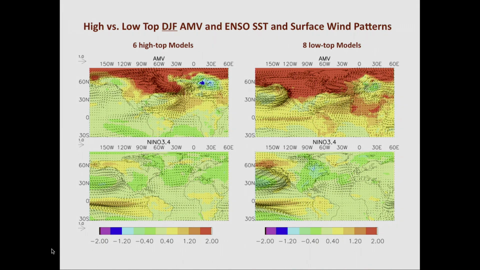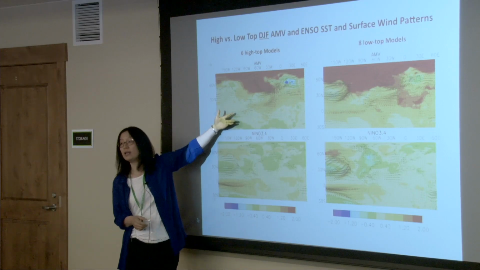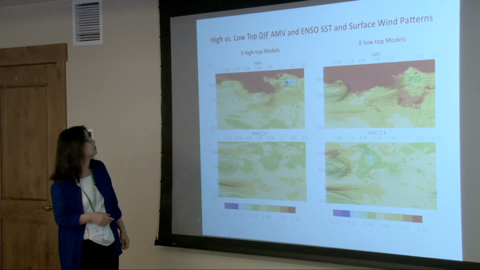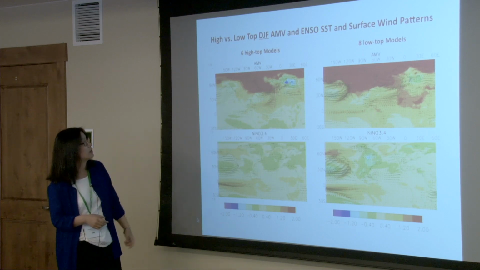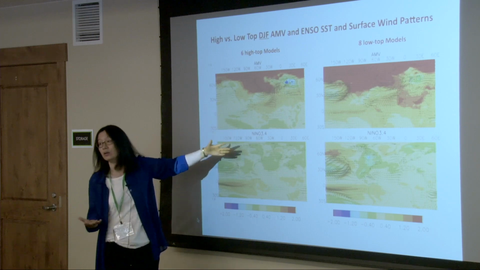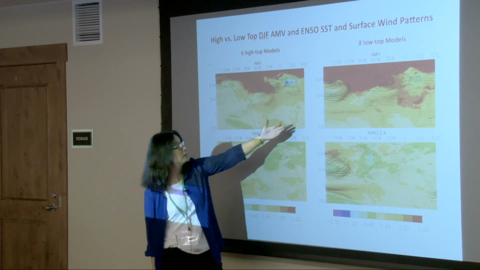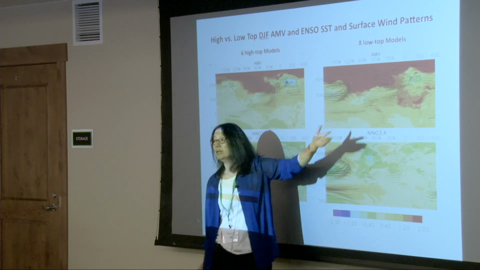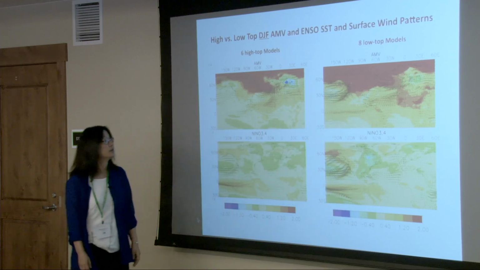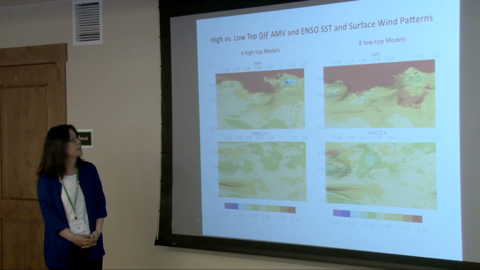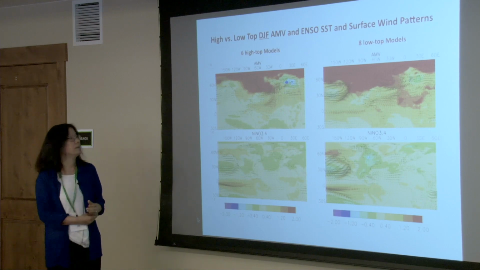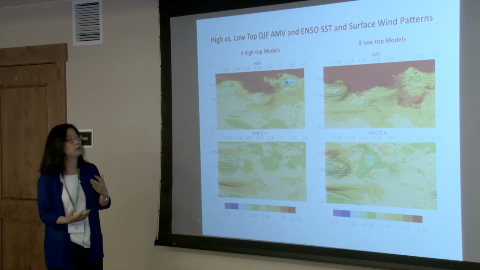What you see is very little surface wind in the Pacific for the high top, and these are for AMV versus Nino, just linking them together. Whereas in the low top models, you see a much stronger component in the Pacific that is associated with the warm phase of AMV.